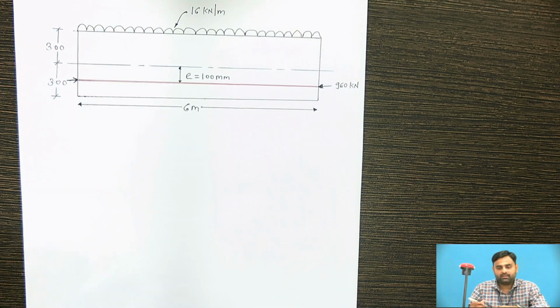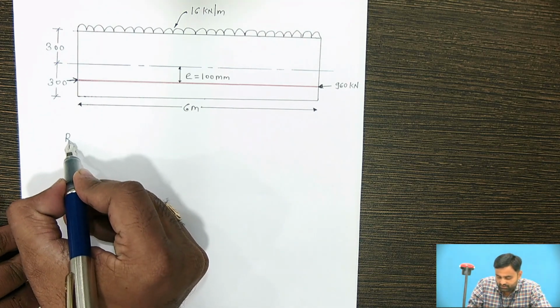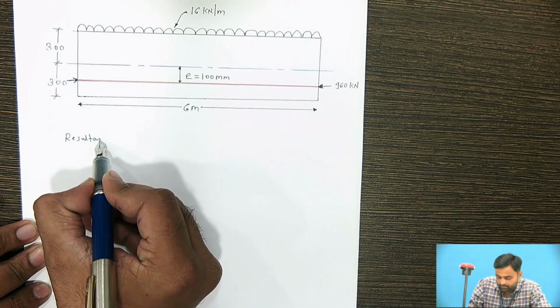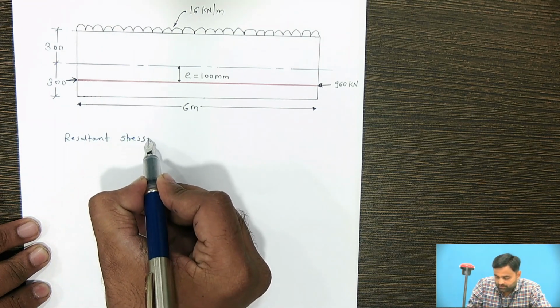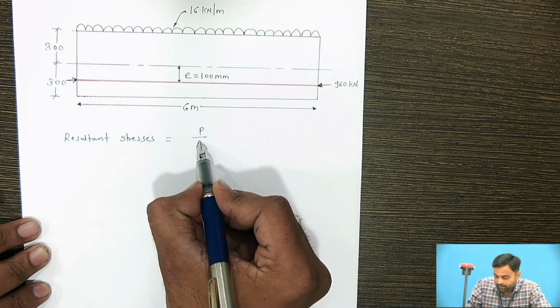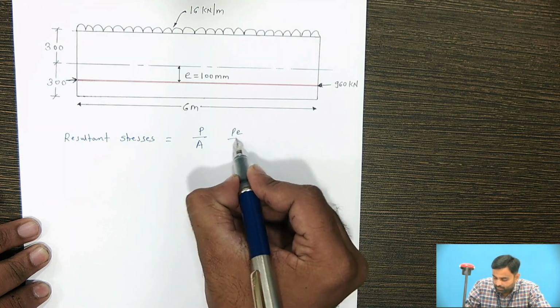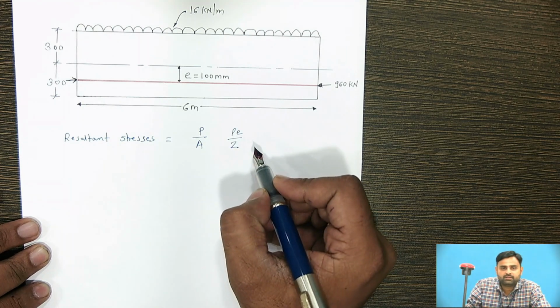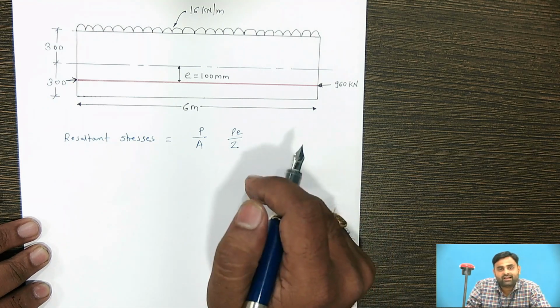We know that in the stress concept, if we want to calculate the resultant stresses at top and bottom, the general formula is P by A, which means direct stress. Then P e by Z, which means the stress due to eccentricity.